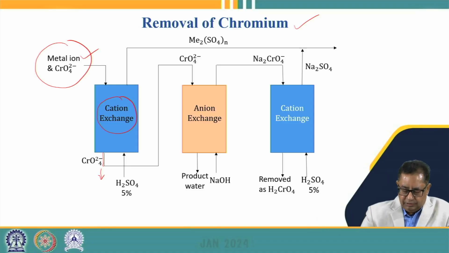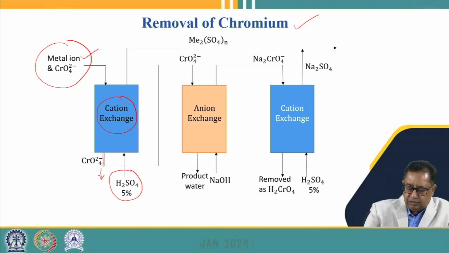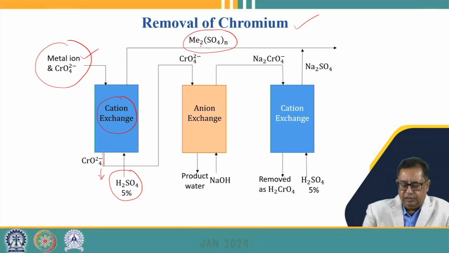And this cation exchanger is then regenerated by using H2SO4, as we have already discussed. Then metal sulfate comes into the effluent as the H plus ions are exchanged by the metal ions, and the metal ions go into the solution and can be taken for further treatment.